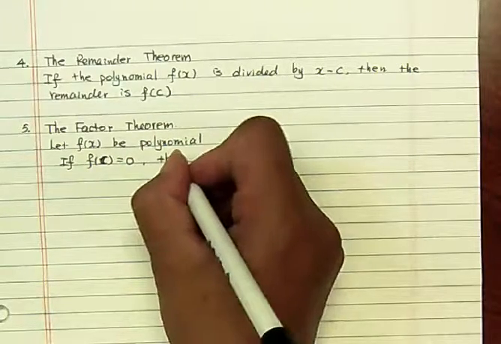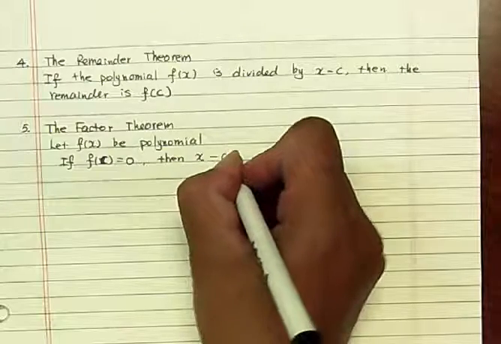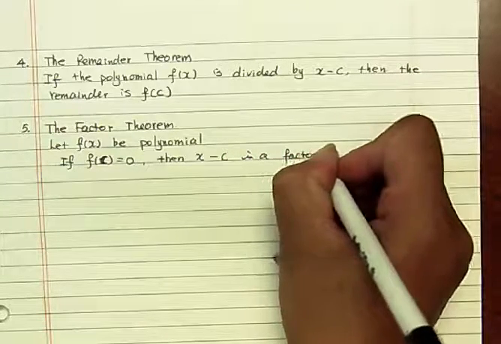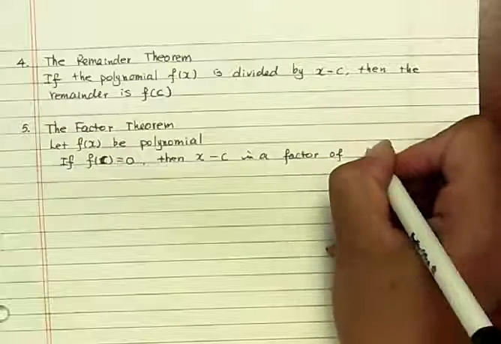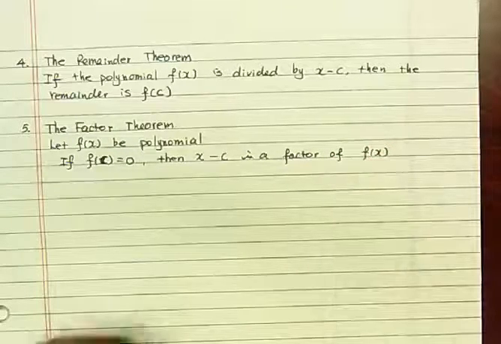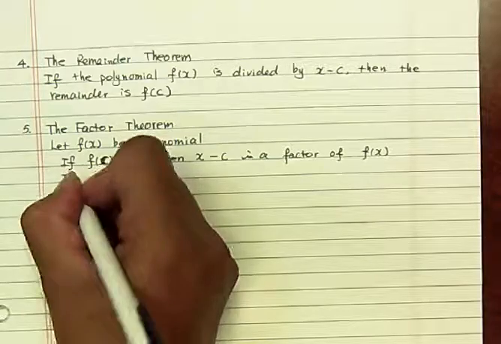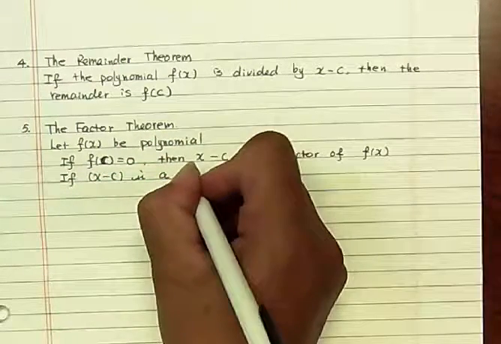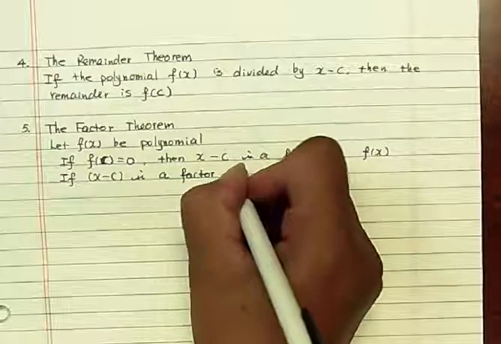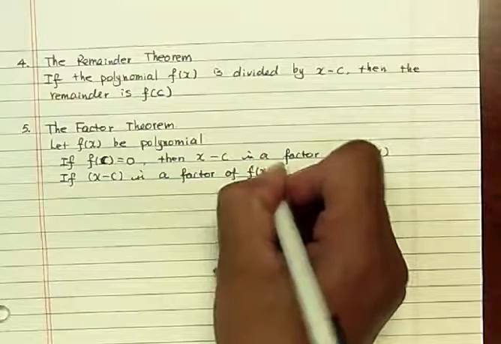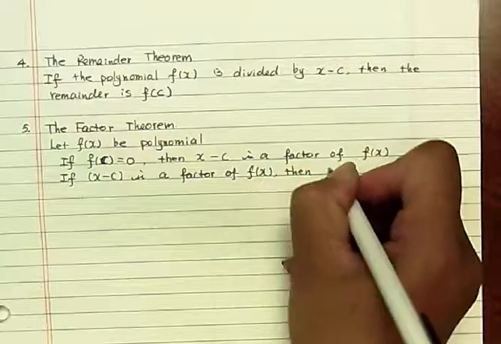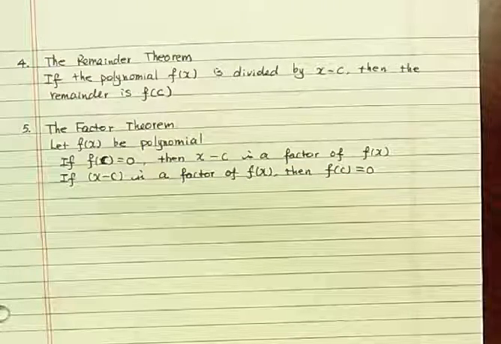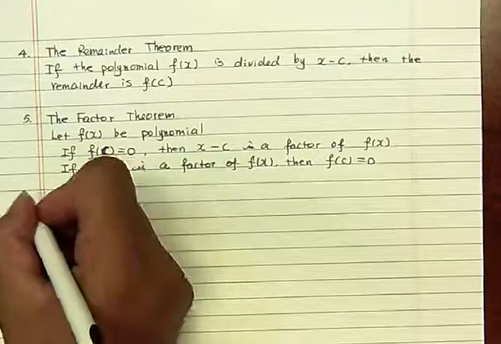Then we say x minus c is a factor of f of x. So this is a two-way street. If x minus c is a factor of f of x, then f of c equals 0. Let's see the example.